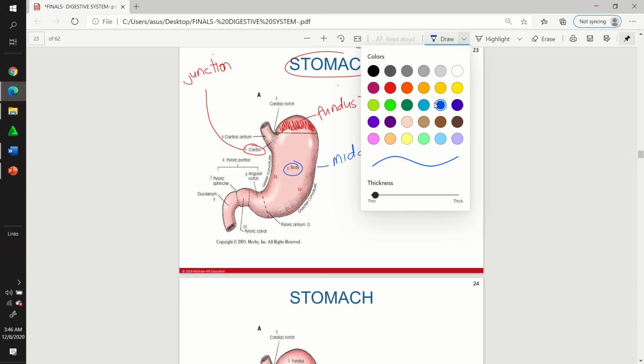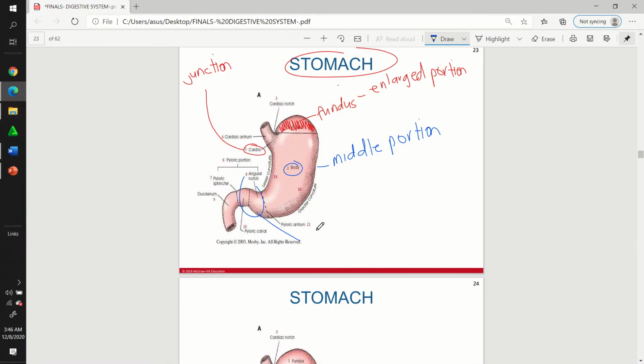We have also your lower portion, which is actually your pylorus. Okay, wrong spelling.